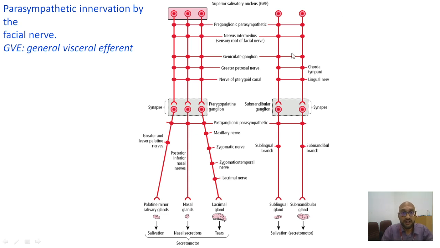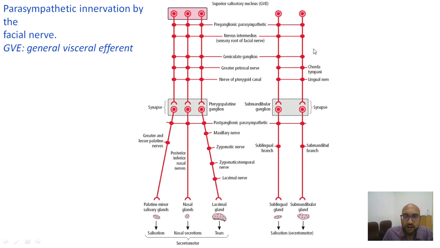So you've got the superior salivatory nucleus. The fibers are coming out of the superior salivatory nucleus. These are the preganglionic parasympathetic fibers which are going to be part of the nervus intermedius, which is coming out of the cerebellopontine angle of the pontomedullary junction.